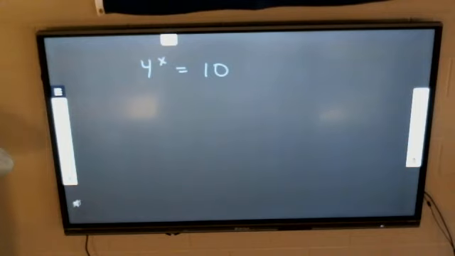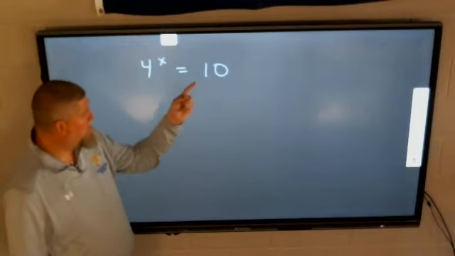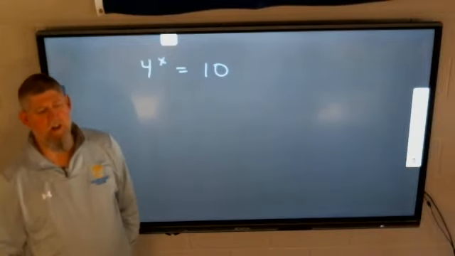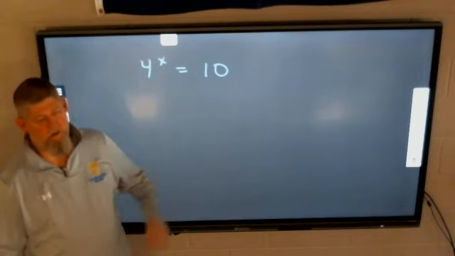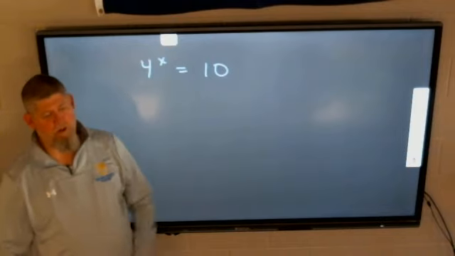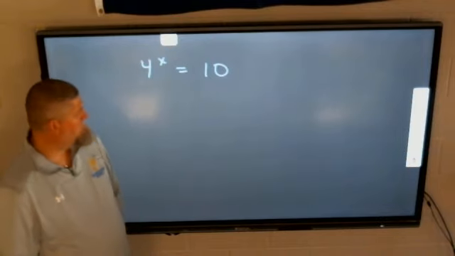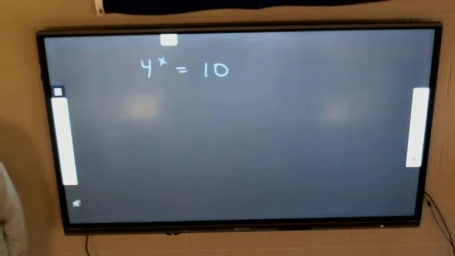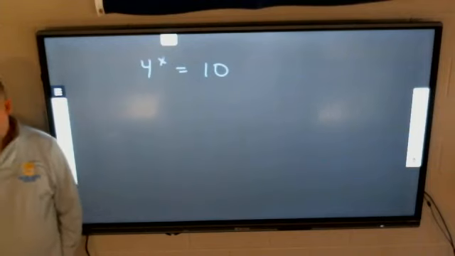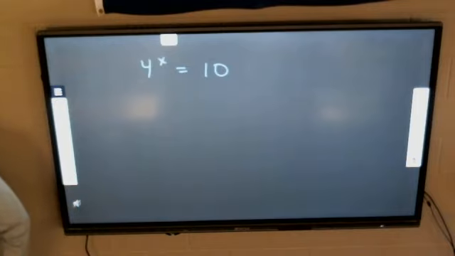Okay, so 2 to the second. 2 to what power is 10? 2 times 5 is 10. 2 times 2 times 2 times 2 times 2 is 32. Can that be written to the same base? I see people shaking their heads. No, absolutely not. This is type 2.